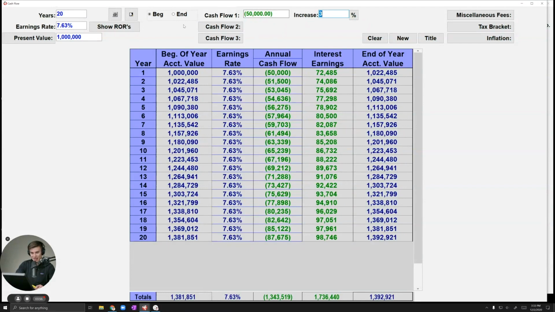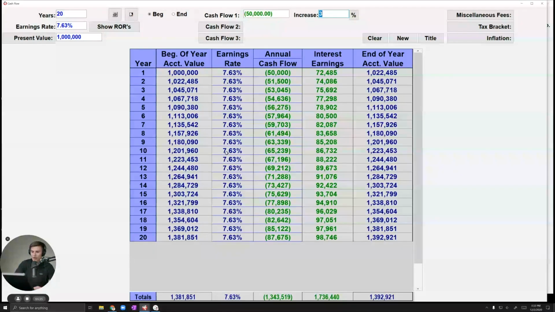So in this example, over the next 20 years, you have $1 million. You're earning a rate of 7.63%. You're taking out $50,000 increased for inflation. So the first year is 50. The last year, you're taking out a little over $87,000 of income, and you can see that your ending balance is 1.3 million, almost $1.4 million. Math is a beautiful thing. That's an amazing thing.